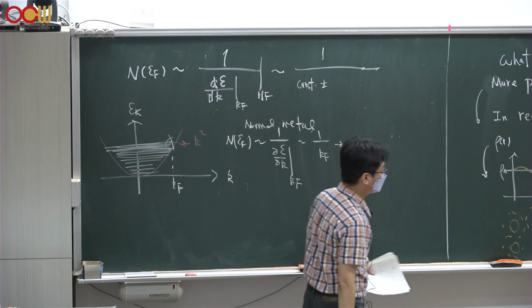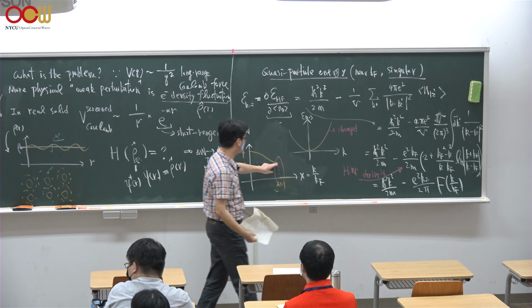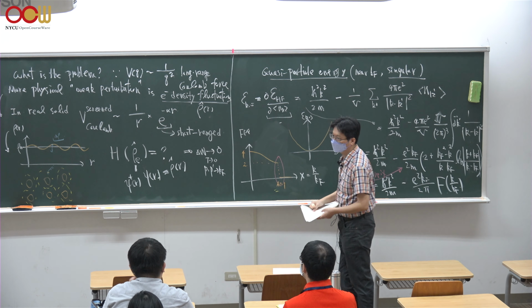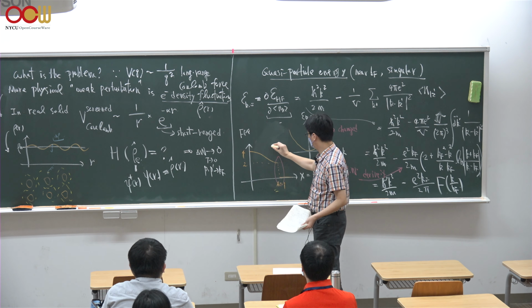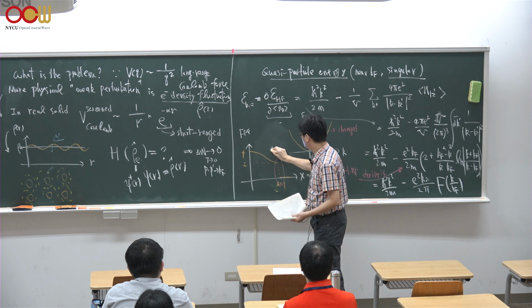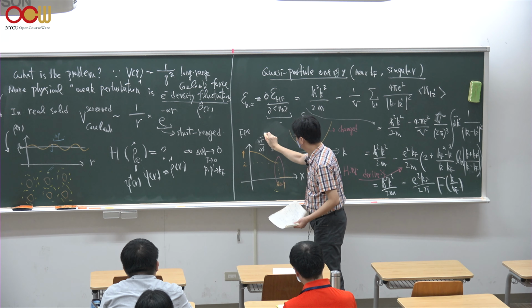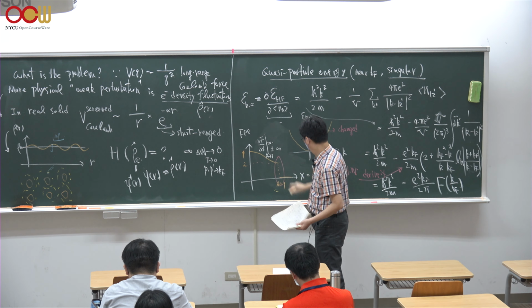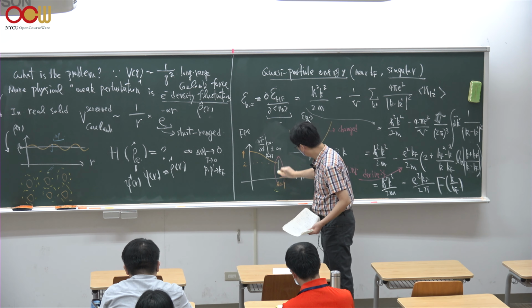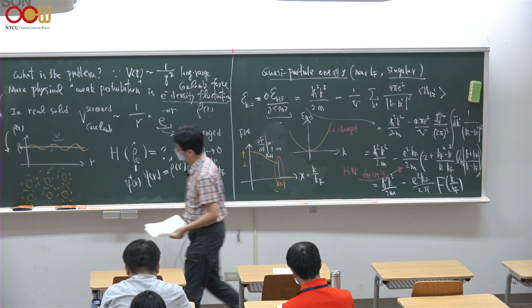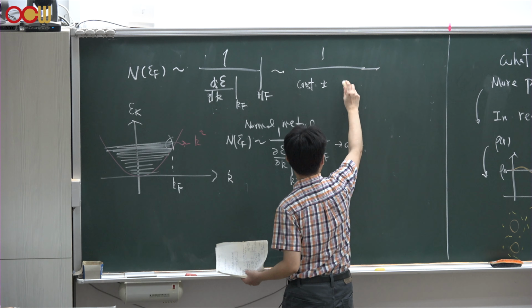Because if this is just a vertical jump, and you take the derivative of this f with respect to x, you get infinity or minus infinity, right? So this plus or minus infinity, if you take partial f partial x at x equals 1, right? Because this is a sudden jump. And whether this is plus or minus infinity doesn't matter.